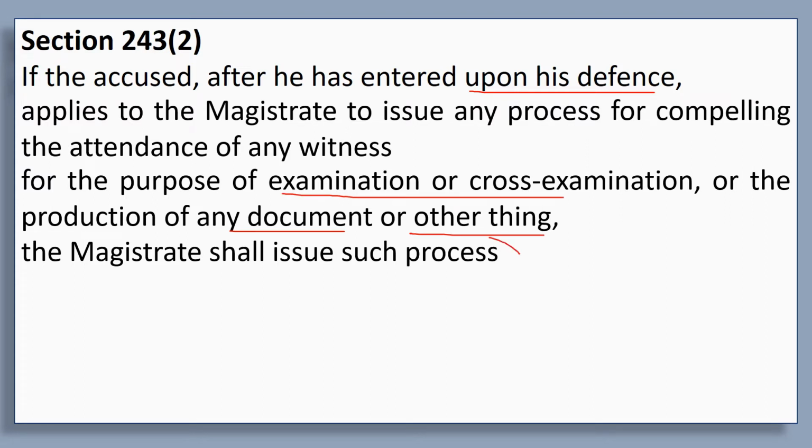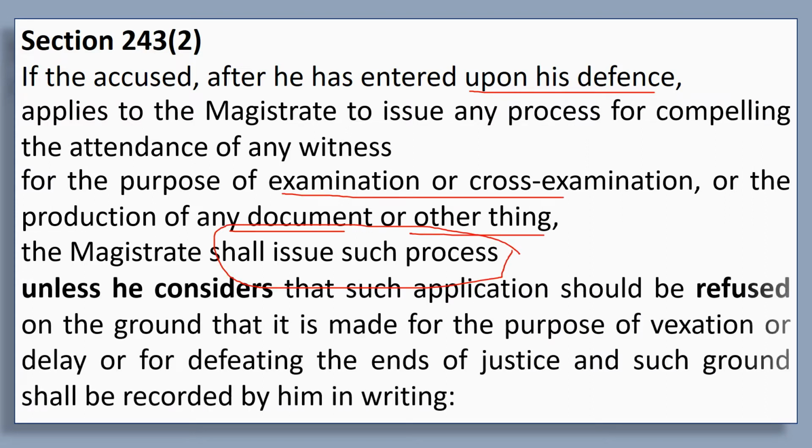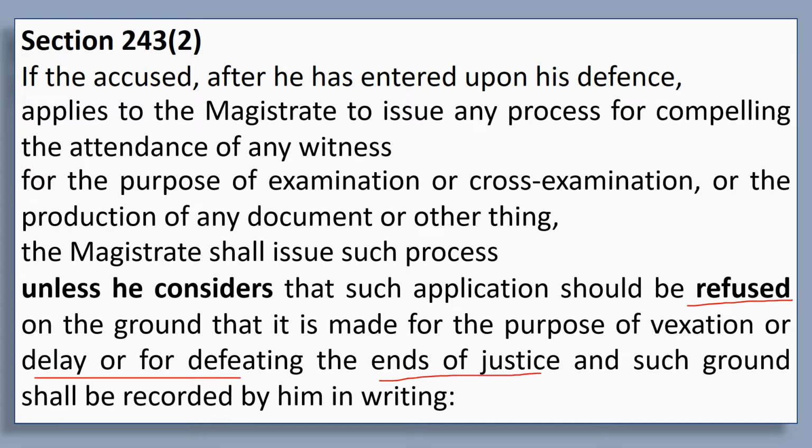But the section further informs us, unless he considers that such application should be refused on the ground that it is made for the purpose of vexation or delay or for defeating the ends of justice, and such ground shall be recorded by him in writing. This means that the magistrate has the option that he can either accept or reject the request of the accused person.